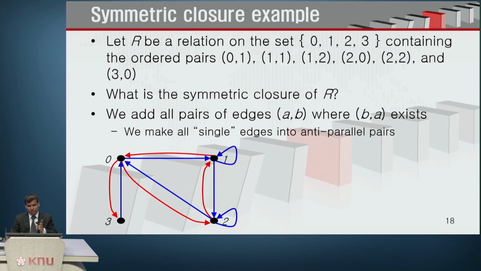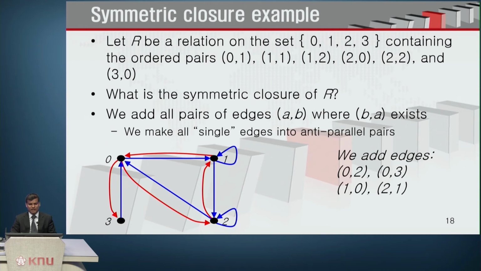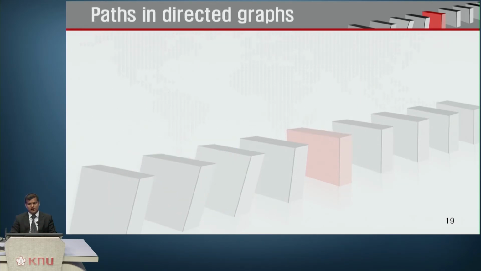Again, you already have (3, 0), but (0, 3) is not there, so you add that. Likewise, (1, 2) is already there, but (2, 1) is not, so you add it. Again, (2, 0) is there, but (0, 2) is not there. You add all those. So (0, 2), (0, 3), (1, 0) and (2, 1) are added in order to make this the symmetric closure.